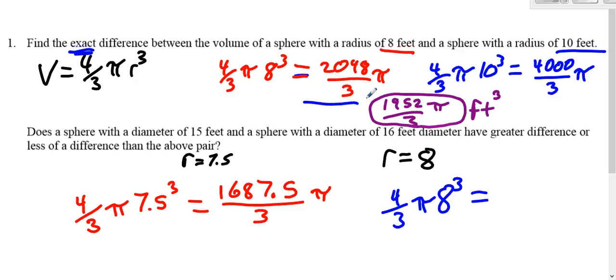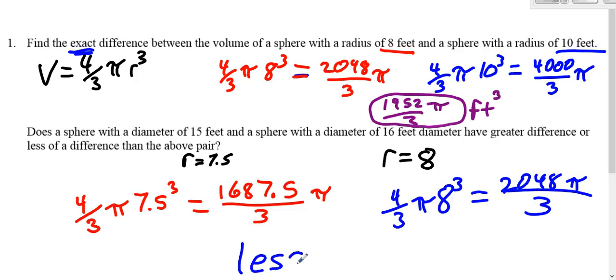Right there, the 2048 pi. So is that more or less of a difference? Well, that's only a difference of 400 and something in the numerator, which is much less. Much less.